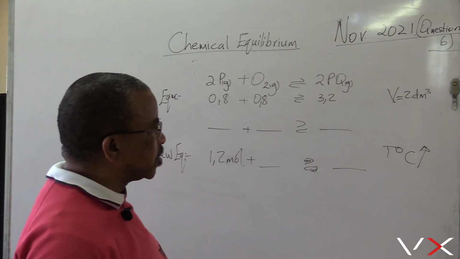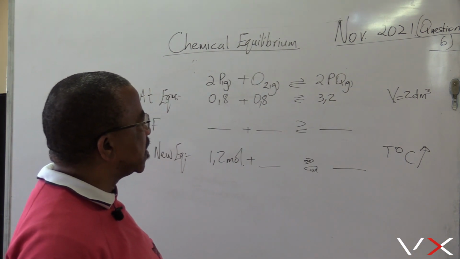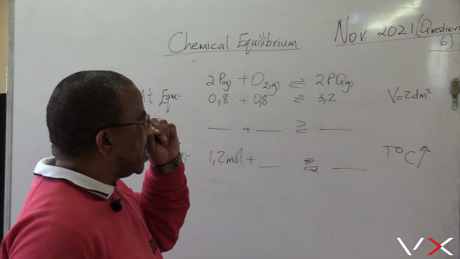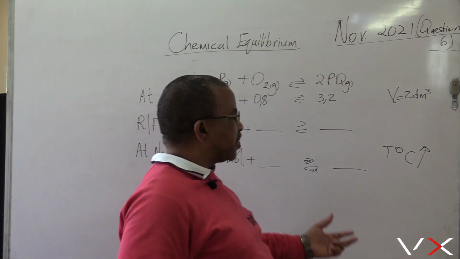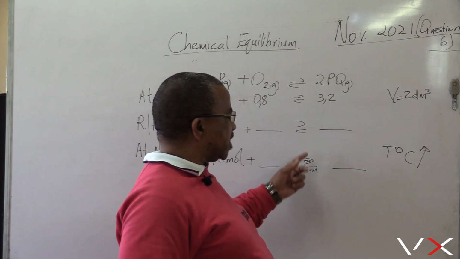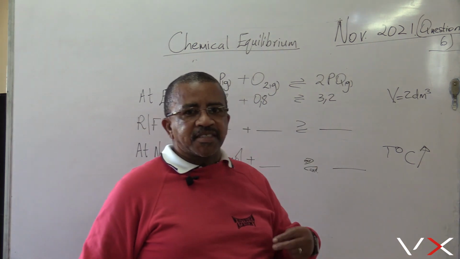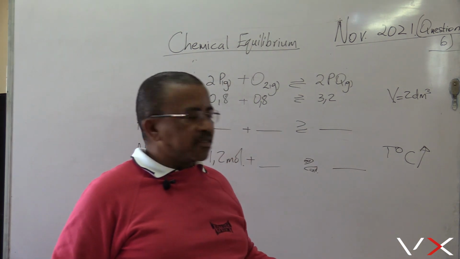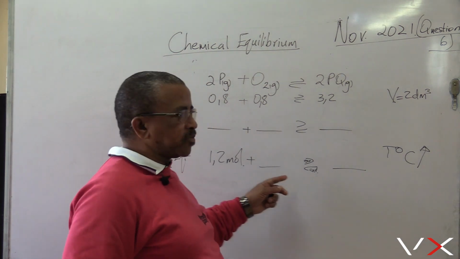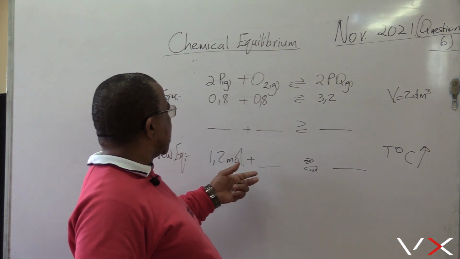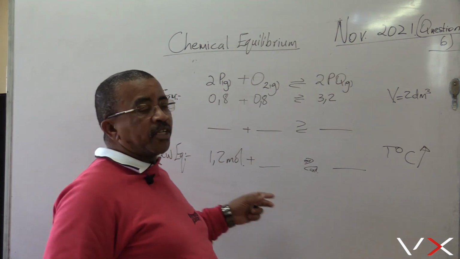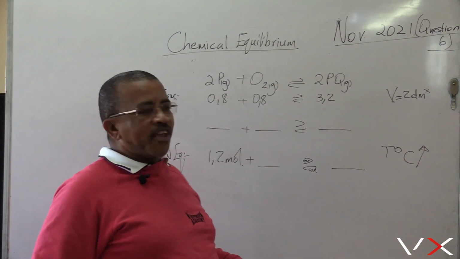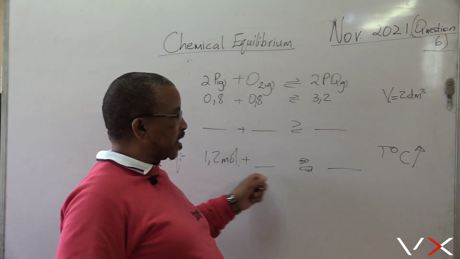6.2.2. Utini 6.2.2. Utini la. Use Le Chatelier's principle to explain the answer at 6.2.1. When temperature is increased, both rates increase, but the reverse increases more than the forward. Why does the reverse increase more than the forward? The equilibrium is shifted to the left. The formation of reactants is favored, which means the reverse is endothermic.